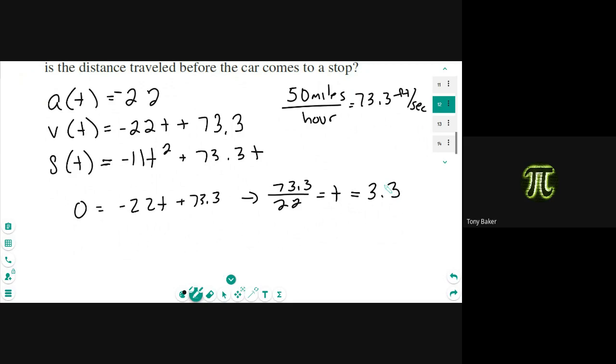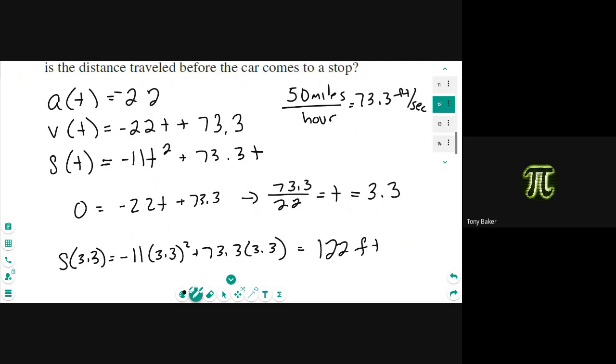So now if we plug that into my position, we will get how far we took to stop. Which is approximately 122 feet.